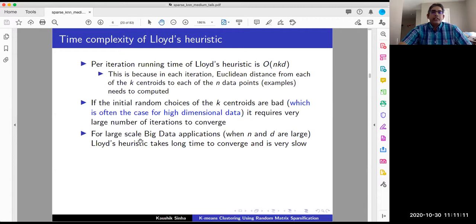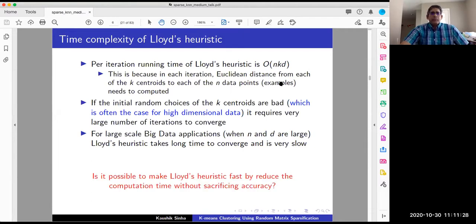And for large data, especially in big data applications where n and d can be large, that means you have a lot of data points and your d can be very large, meaning the number of features or attributes can be very large. Again, Lloyd's heuristic takes a long time because it's of the order of n times k times d. So the question is, is it possible to make this Lloyd heuristic fast, because it works really well in applications?